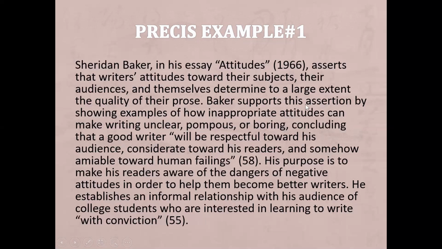Baker supports this assertion by showing examples how inappropriate attitudes can make writing unclear, pompous, or boring, concluding that a good writer will be respectful towards his audience, considerate towards his readers, and somehow amiable toward human failings. His purpose is to make his readers aware of the dangers of negative attitudes in order to help them become better writers. He establishes an informal relationship with his audience of college students who are interested in learning to write with conviction.